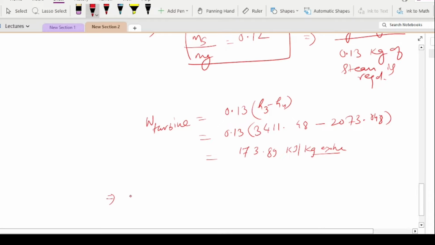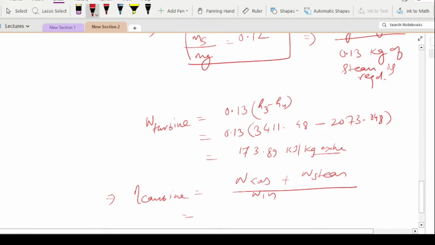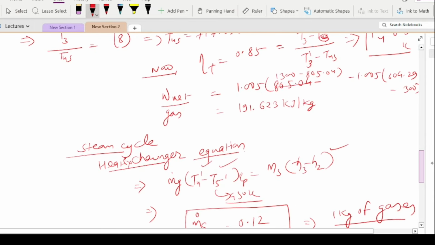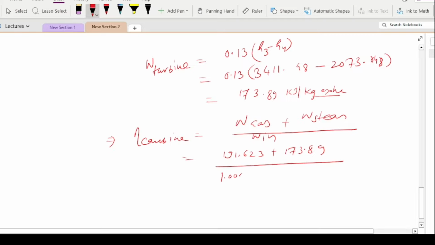Now we have to determine eta combined cycle, which can be determined as W gas plus W steam turbine divided by the heat input. We have determined the W gas as 191.623 plus 173.89, divided by 1.005 into the heat input, that is Cp into T3 dash minus T2 dash.